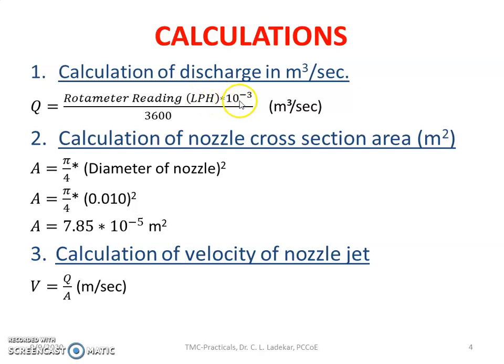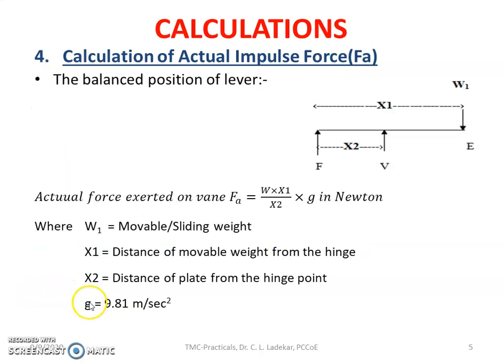Multiplying that by 10 to the power minus 3 will give you meter cube per hour, and dividing by 3600 will give you meter cube per second. Area of nozzle: since the diameter of nozzle is fixed, you have calculated it here. Then you will calculate the velocity of the nozzle, which will vary as per the discharge. So discharge per unit area will give you velocity.